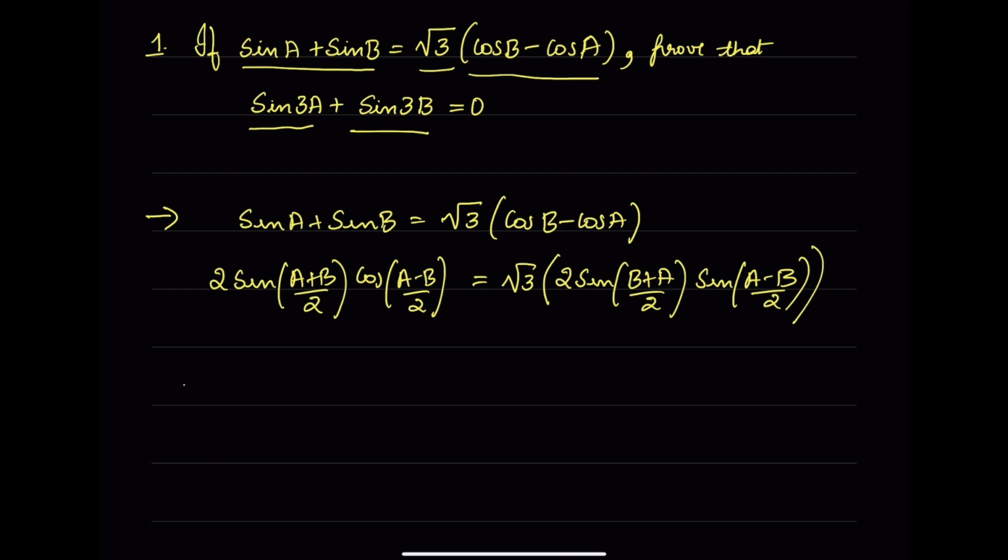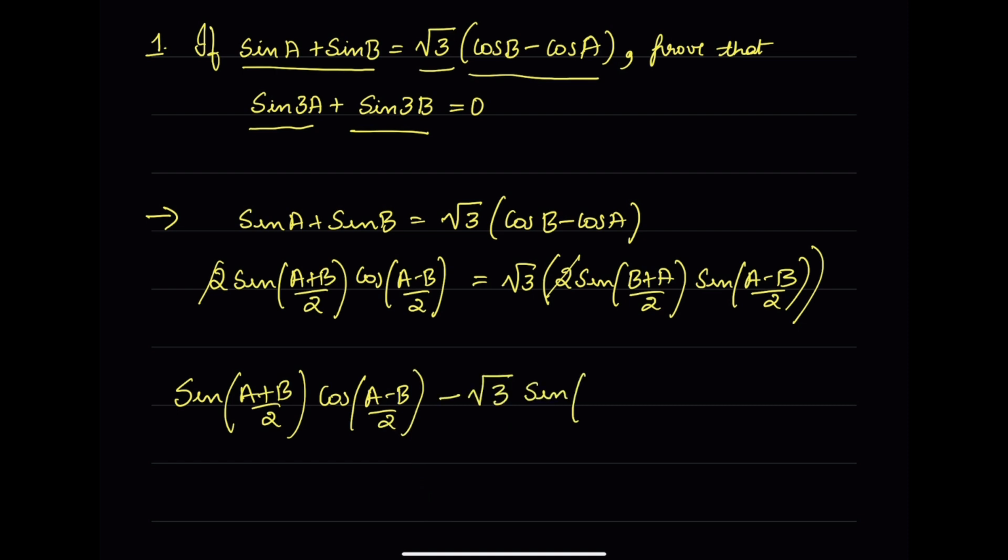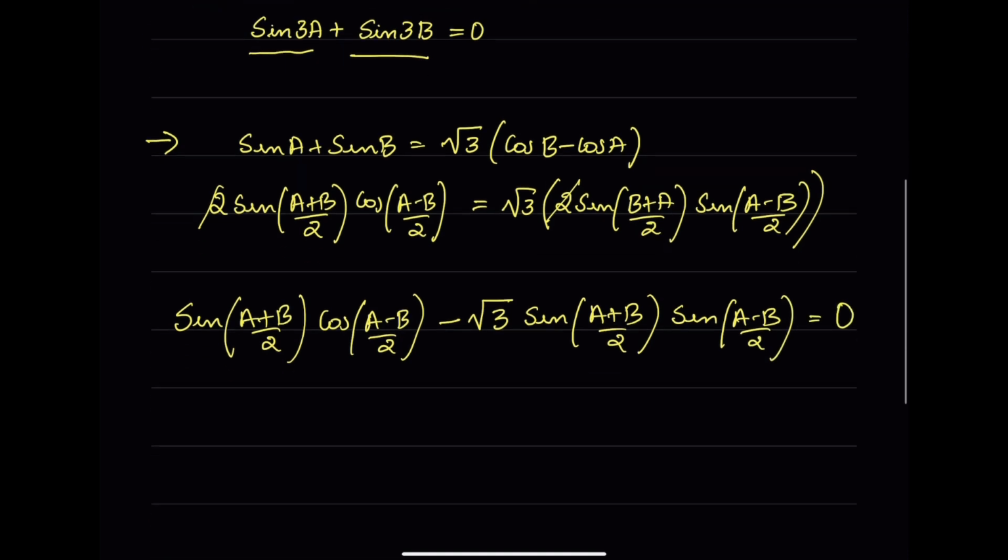That's a formula we have learnt in the previous videos. So now let's cancel out the value 2 here, and we can write this as sin of A plus B by 2 cos of A minus B by 2 minus square root of 3 times sin of A plus B by 2 times sin of A minus B by 2, and this is equal to 0.